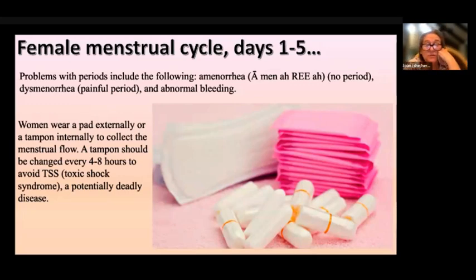Yes, so menstruation is a very big concern for girls and women, to make sure they're able to care for themselves and have pads so that they can continue with their activities.